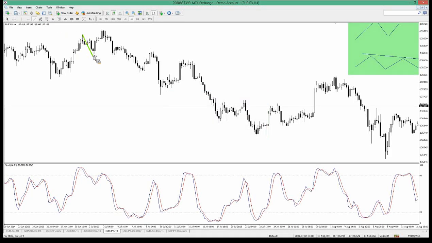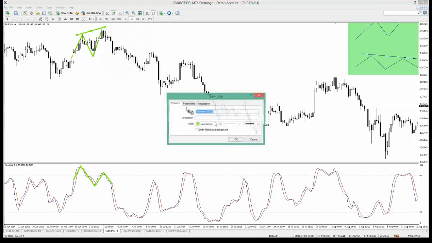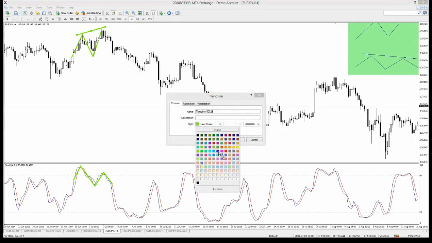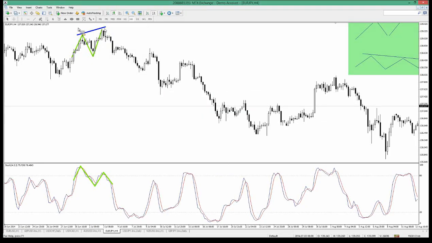So here's price making a higher high, but if we look at the indicator, we have it making a lower high. This is your standard divergence. So we draw it over the peaks: price higher high, MACD stochastic making a lower high. That's your standard divergence.